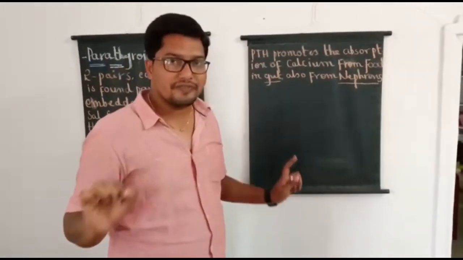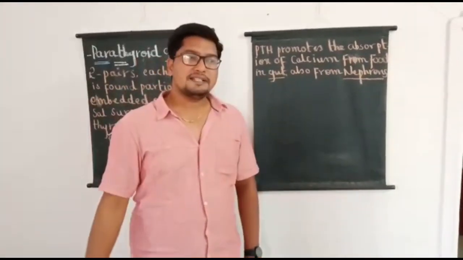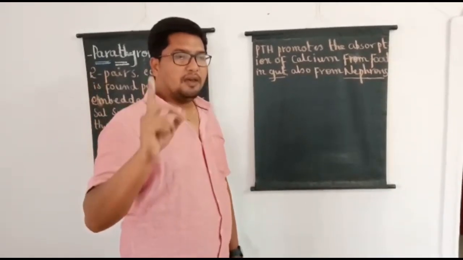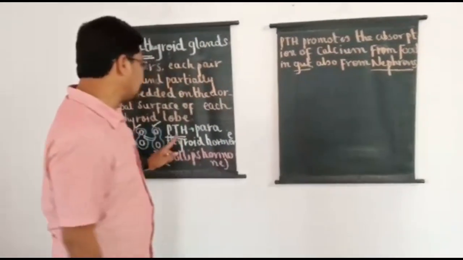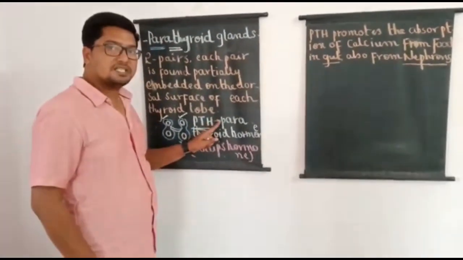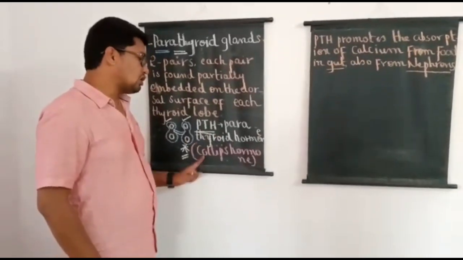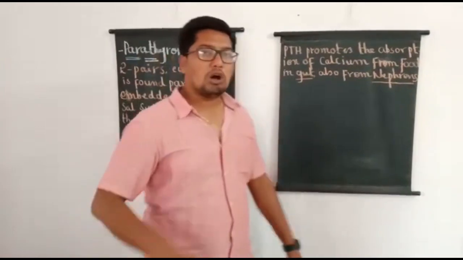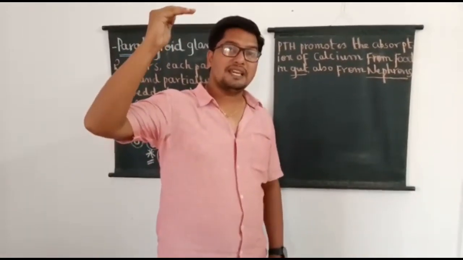So it is very clear, in the human body how many parathyroid glands are present? Two pairs of parathyroid glands are present. What is the main hormone produced from parathyroid glands? That is PTH. PTH stands for parathyroid hormone. It is otherwise called Collip's hormone. And parathyroid hormone always helps increase calcium levels in the ECF.